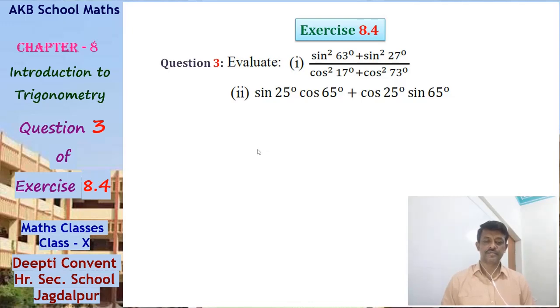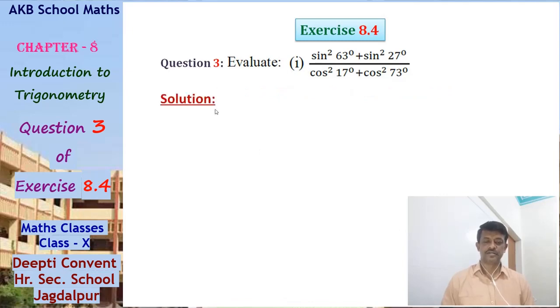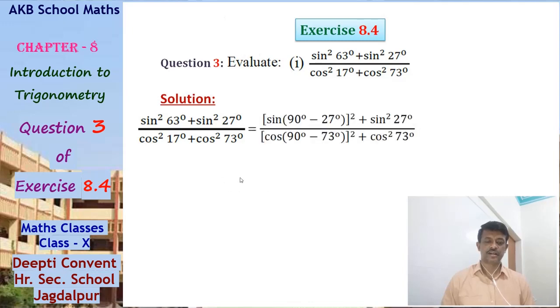Take the first part of question third. Solution. The value of this equals, we can write 63 and 27. We see that they are complementary angles because their sum is 90 degrees. That's why we can write 63 as 90 minus 27.